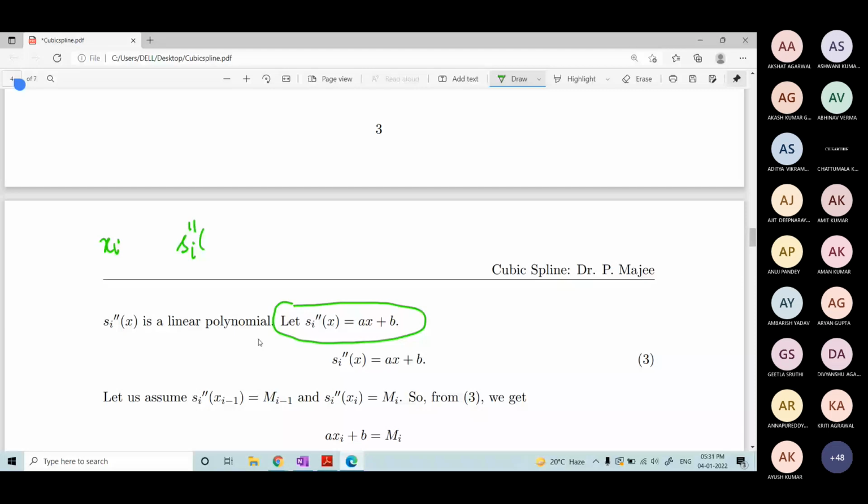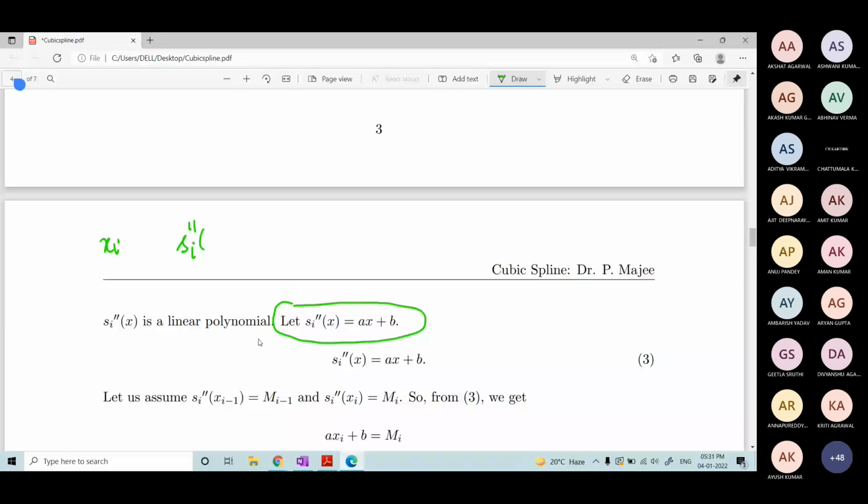We have used the continuity of second derivative, we have used the continuity of the function S(x), but we have not used the continuity of first derivative. So in that case, we will be using the continuity of first derivative. Where should I check it? At the intermediate points, the internal points.